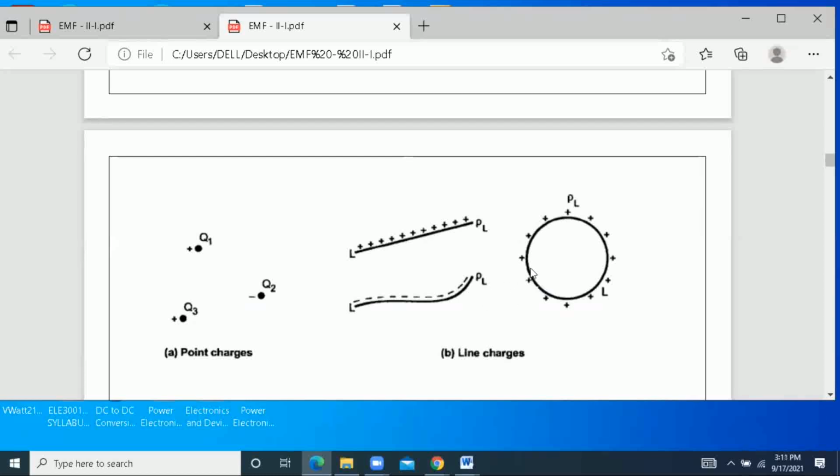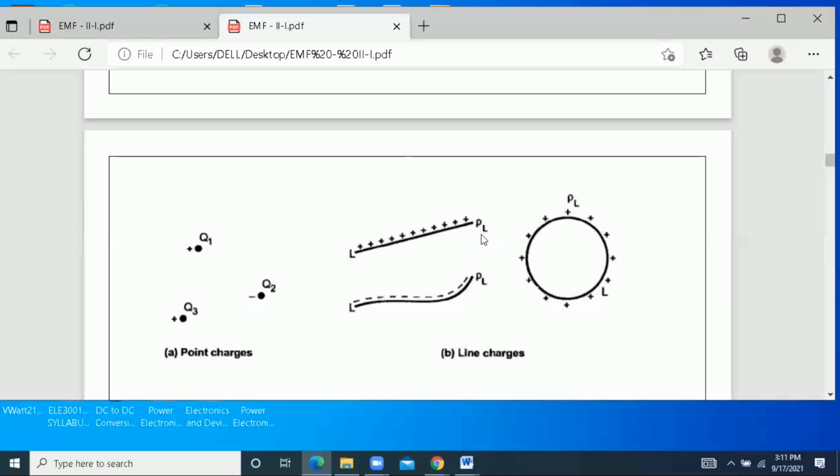So a charge is evenly distributed along the circumference or along the length. But because it's a line charge, we don't call it Q anymore. We call it rho L, to denote that it's a line of charge.